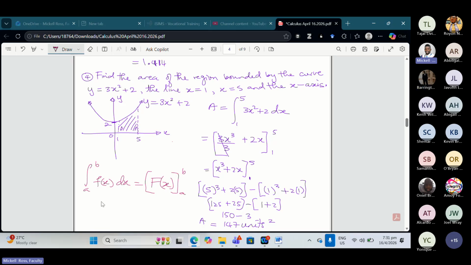We call it the primitive function, from memory serving right. So it is going to be F of b minus F of a. Whatever the upper limit is, you substitute that into the function. Whatever the lower limit is, you substitute that into the function and you take the difference of those two.